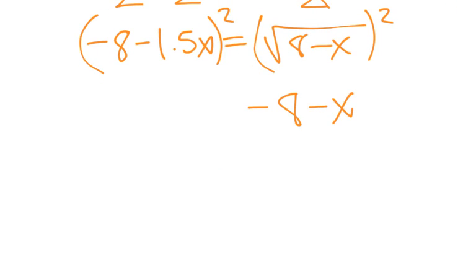So 8 minus x on the right. Then we should have, know that we're going to have to multiply that. So negative 8 times negative 8 would be a positive 16. Well, actually, no, positive 64. Okay. Negative 8 times negative 1.5 twice.